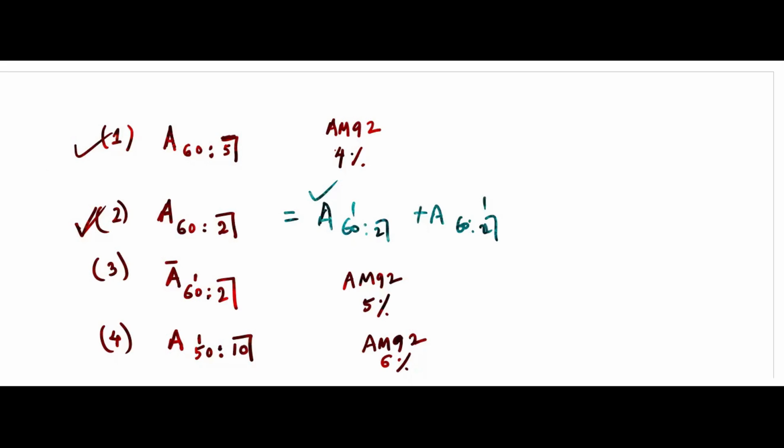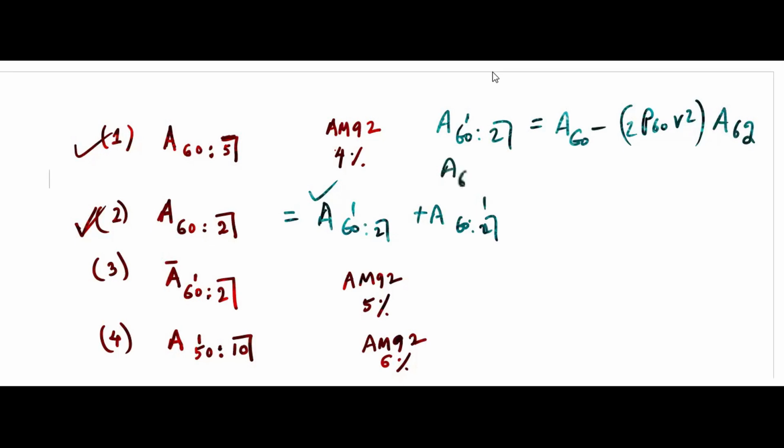We can find it using the formula, sir. Tell me which formula? A_x minus P_x^n into v^n. Okay, A60 minus 2P60 into v^2 A62.